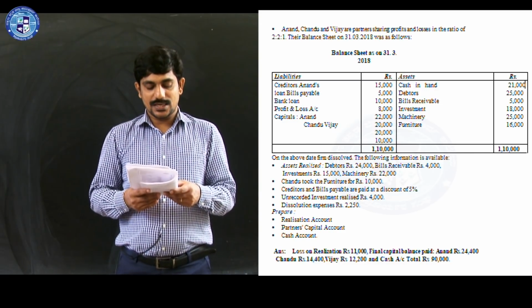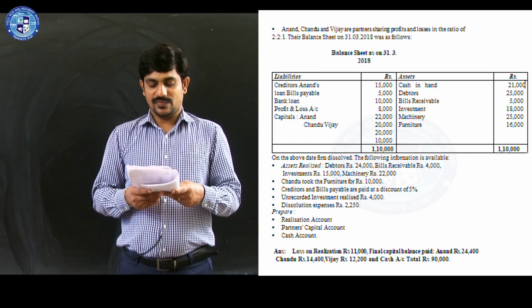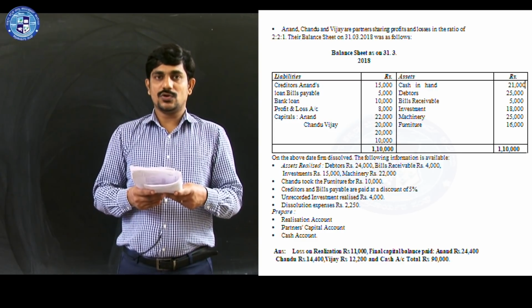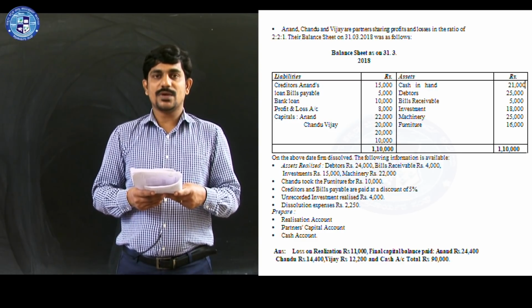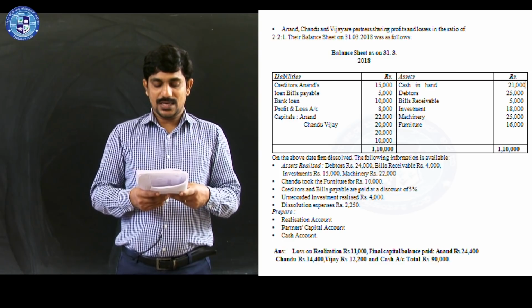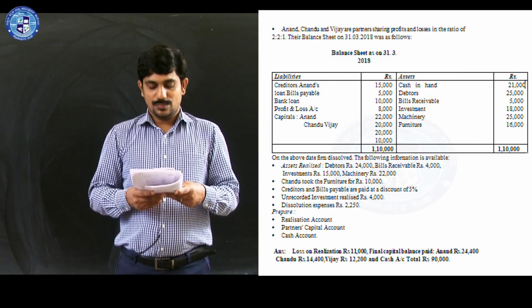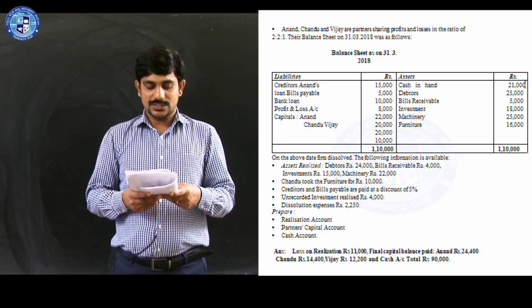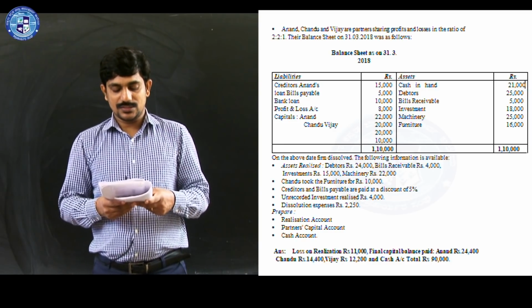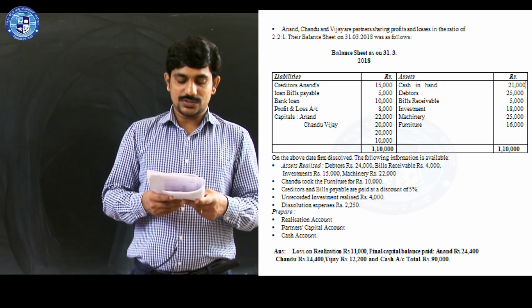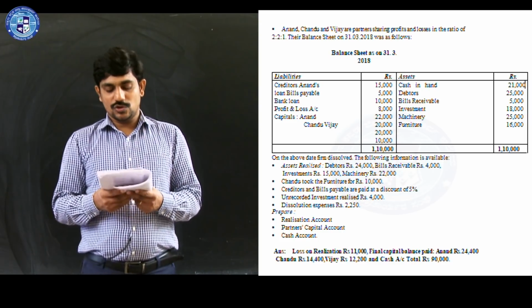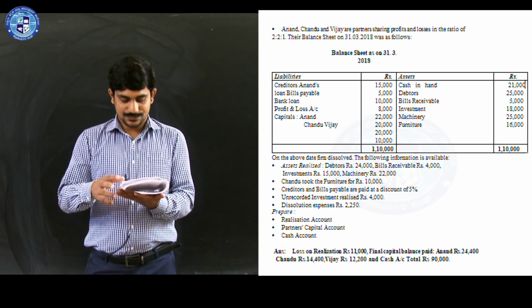And under the liabilities side: creditors 15,000, Anand's loan 5,000, bills payable 10,000, bank loan 8,000, profit and loss account 22,000, and capitals of Anand 20,000, Chandu 20,000, Vijay 10,000. The total of the balance sheet is 1,10,000.